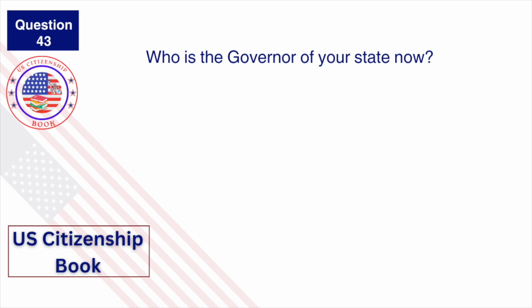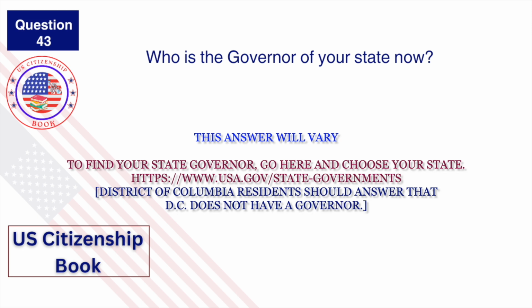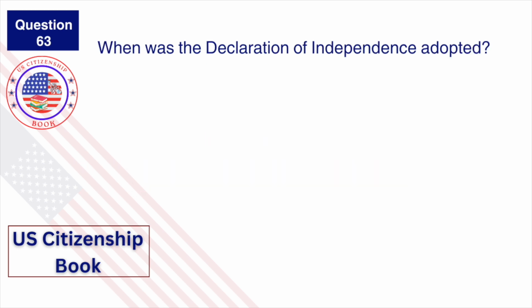Who is the governor of your state now? When was the Declaration of Independence adopted? July 4, 1776.